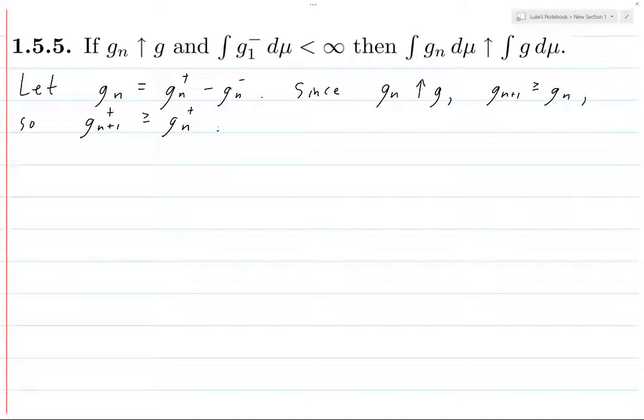Basically, the idea is that the only way that this could not hold would be if you somehow had cancellation between the gn pluses and the gn minuses, which cannot happen because gn plus and gn minus are defined so that they are supported on disjoint sets. Meaning that if gn plus is positive, then gn minus is 0.